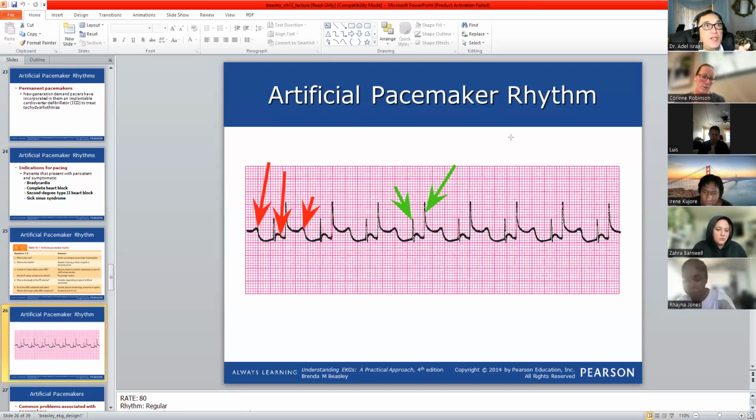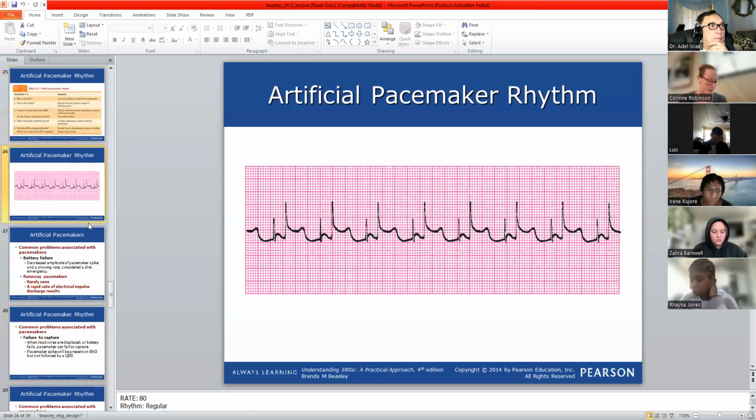This is very easy, like we had in the morning lecture, one similar to this, that we can go and check again. Okay. So would that be like an AV sequential double chamber? Yes. Because it has two spikes in it? Yes, correct.